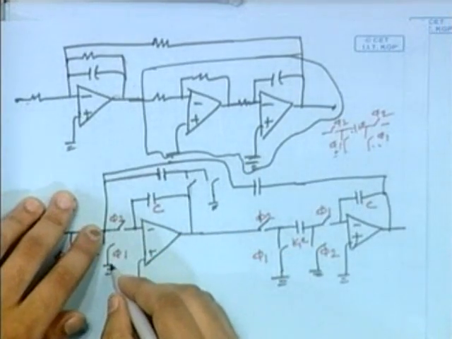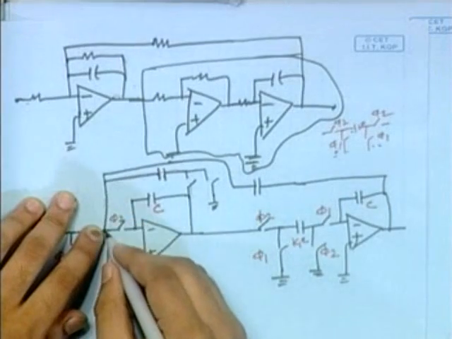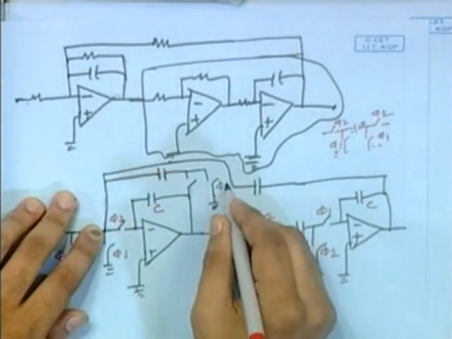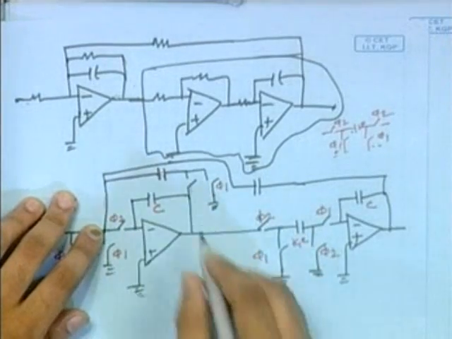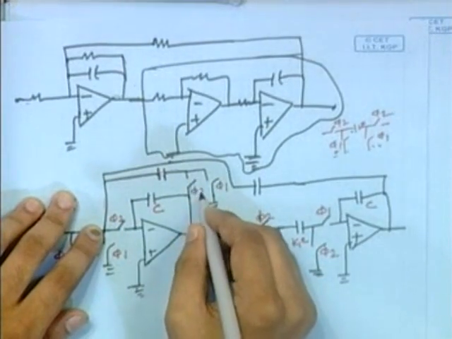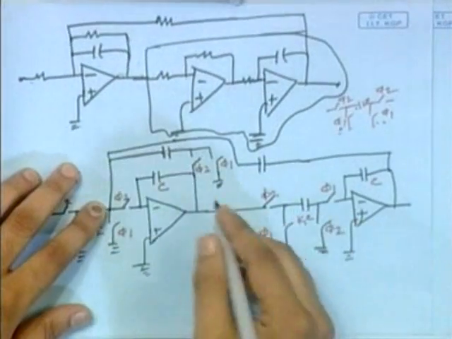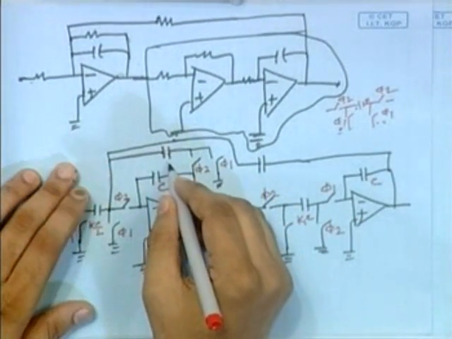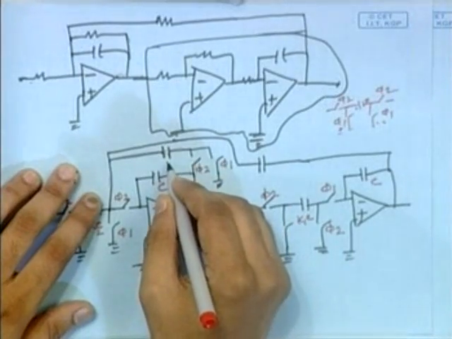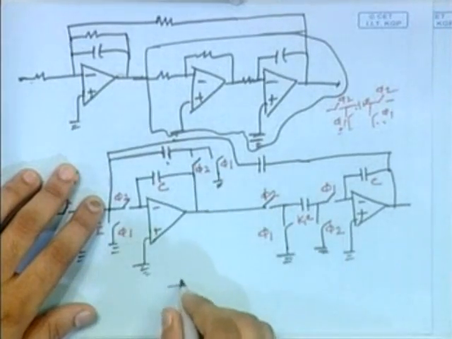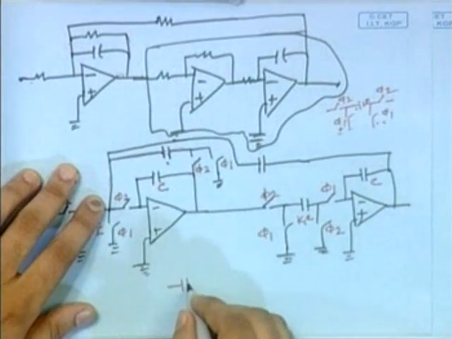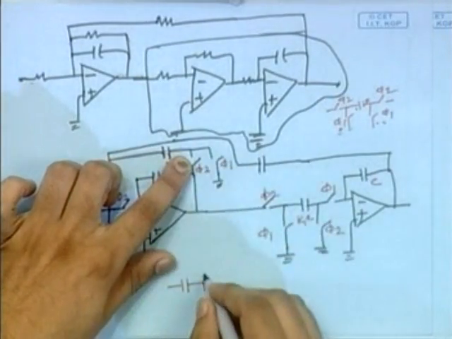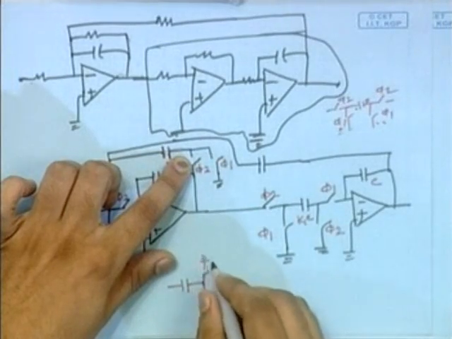So if phi 1 is connected to this capacitor, so we are making in such a way that this is phi 1 and this is phi 2. Now have a look on this circuit. Now for this one, for this capacitor, this is the capacitor. Now this is phi 1, this is grounded phi 1.